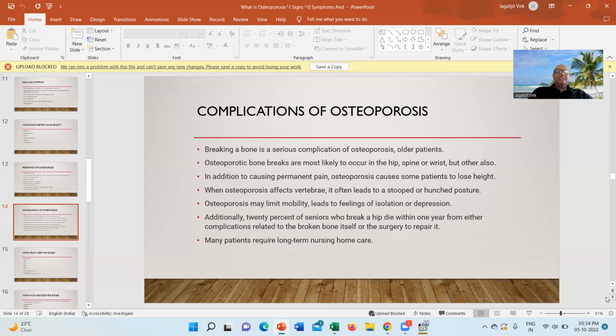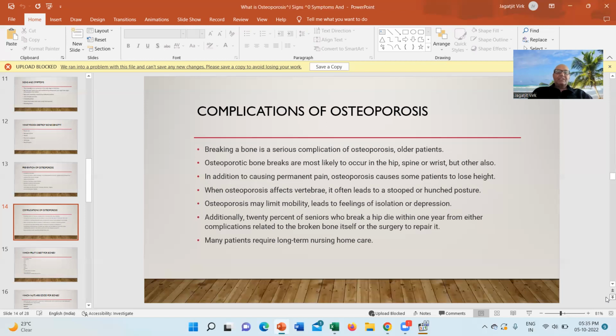In addition to causing permanent pain, osteoporosis causes some patients to lose height. When osteoporosis affects vertebrae, it often leads to a stooped or hunched posture, kyphosis. Osteoporosis may limit mobility and lead to feelings of isolation or depression, psychological problems.